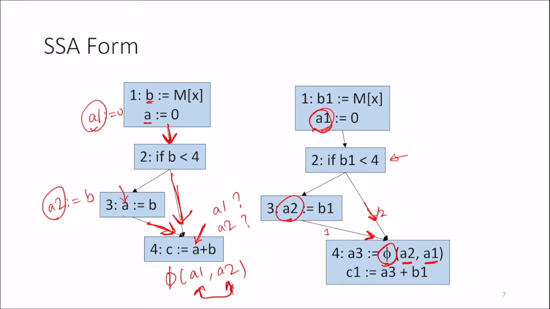Notice that it's called A1 and A2, etc. So you know that in the original program, there was a single variable A. So we're going to add these subscripts essentially to tell you that in the underlying program, these were used as a single variable A, but in static single assignment, they get split up into these multiple variables.